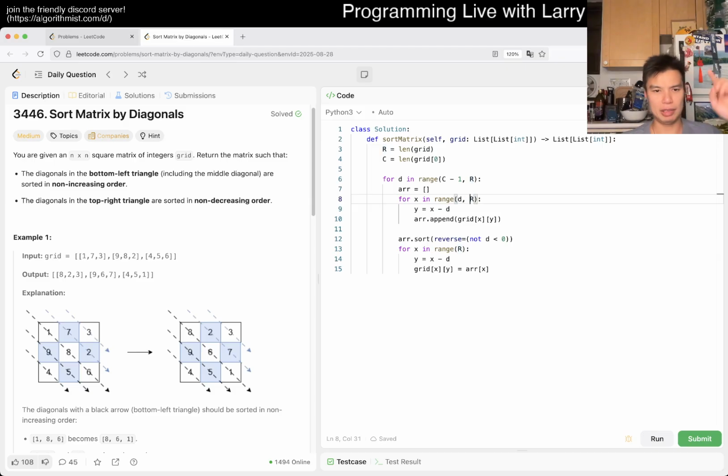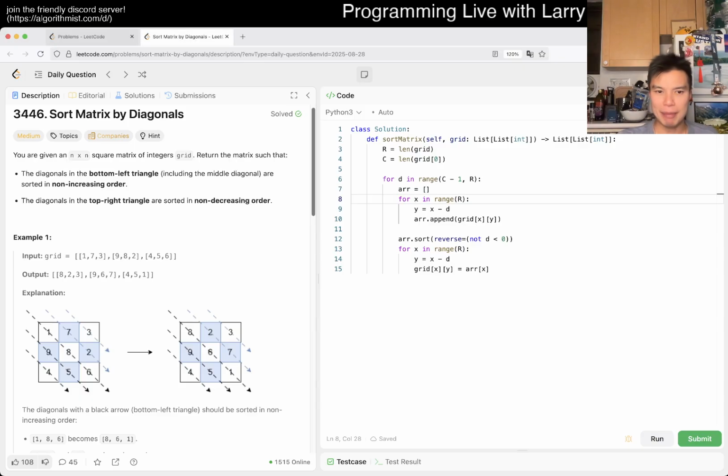I guess that's right. Because d is negative, I forgot. If you're wondering what I'm doing, I am just trying to actually do the math.